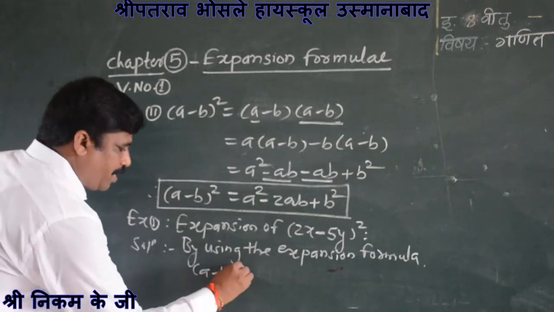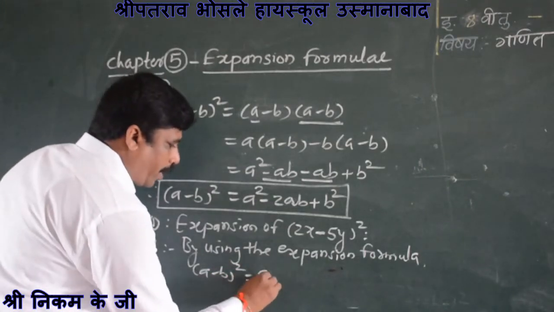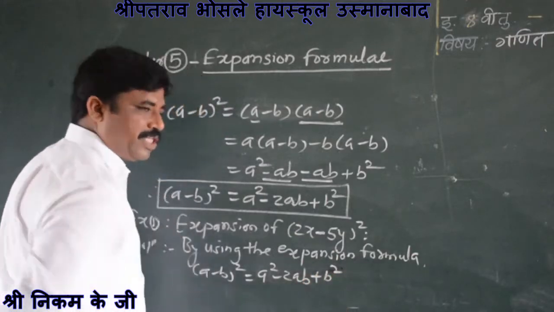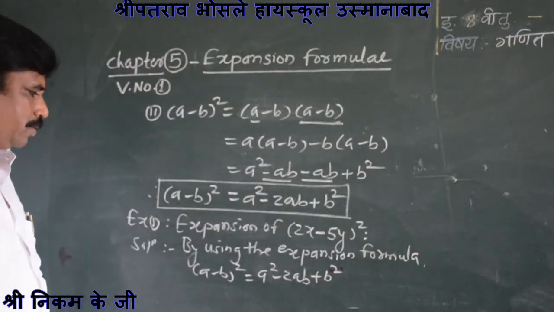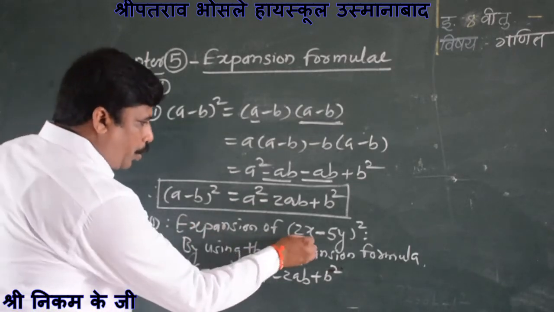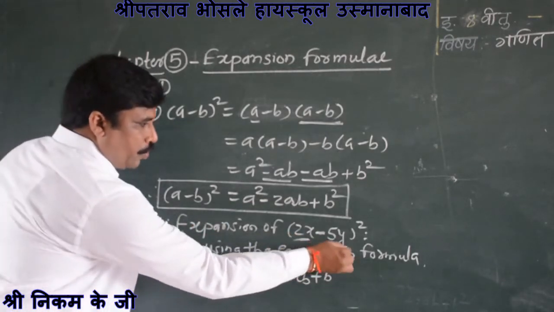(a minus b) square is equal to a square minus 2ab plus b square. Here putting a is equal to 2x and b is equal to 5y.